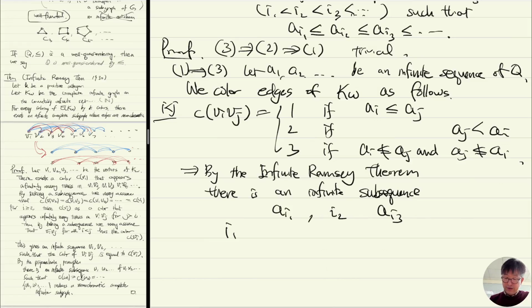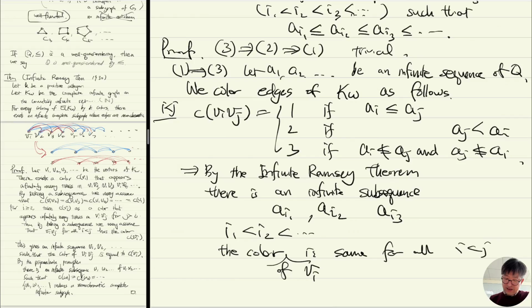where i1 is less than i2, and the color is the same for all i less than j, the color of (v_i, v_j).